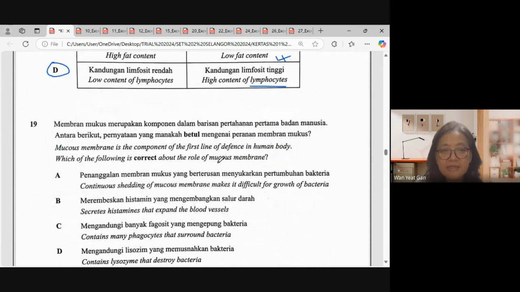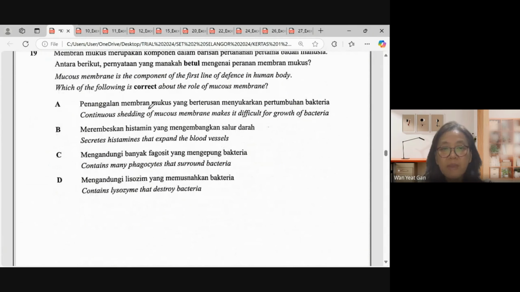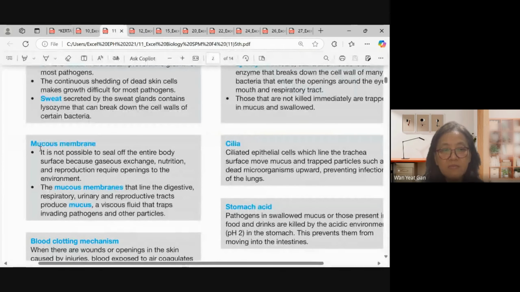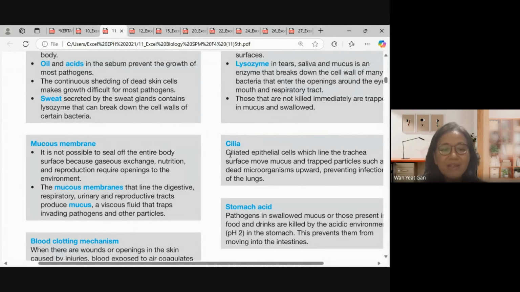Question 19. Mucous membrane is the component of the first line of defense in the human body. Which of the following is correct about the role of mucous membrane? Mucous membrane is the first line of defense that lines the digestive, respiratory, urinary, and reproductive tracts.